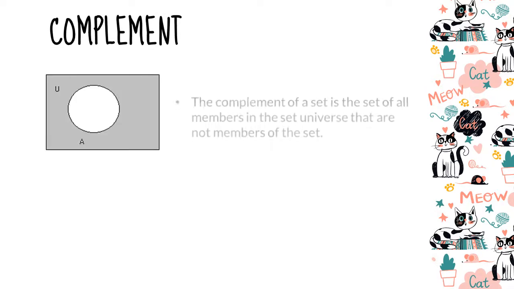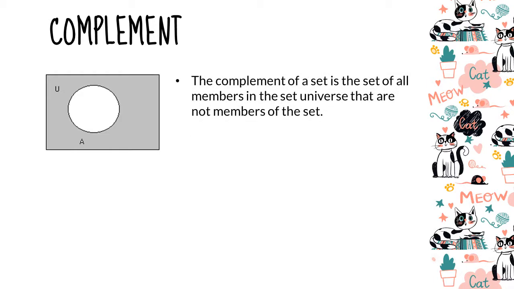Complement. The complement of a set is the set of all members in the universal set that are not members of the set. The notation like that: A complement. We can read A complement equals {x | x is a member of U, x is not a member of A}.